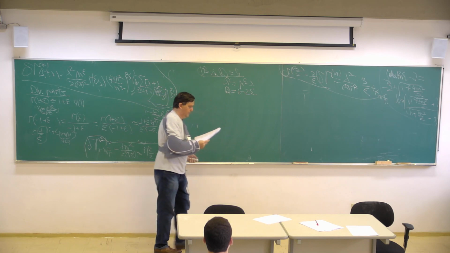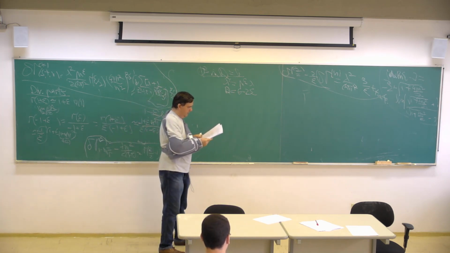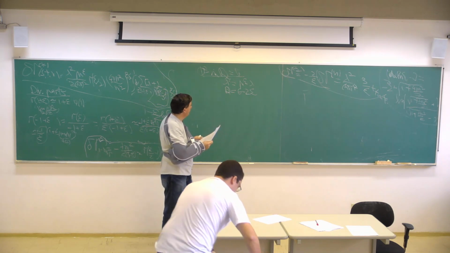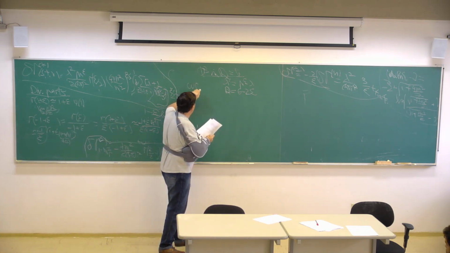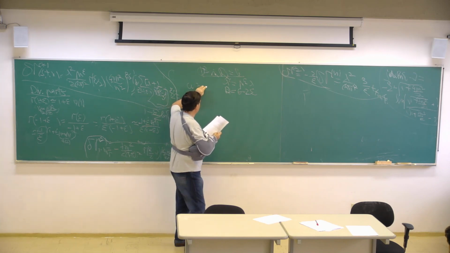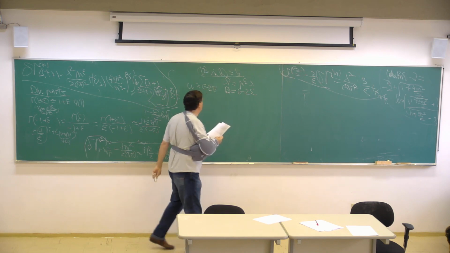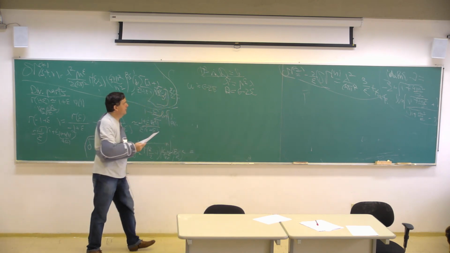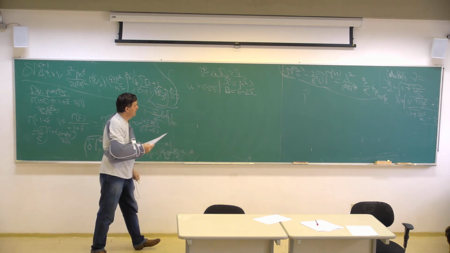Just a redefinition. And now, as you remember, I said that omega, the superficial degree of divergence, was omega equal to 6 minus 2E.